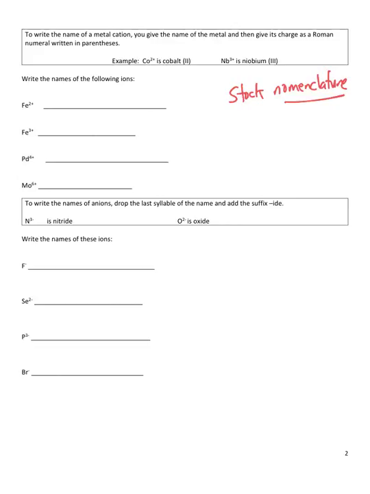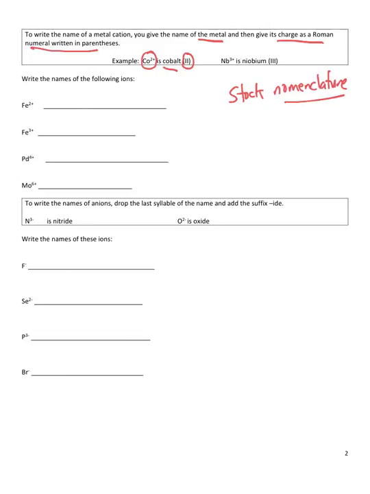So let's write the names of the following ions. Before we do that, let's talk about how we write a Stock nomenclature name for an ion. You give the name of the metal, and then give its charge as a Roman numeral in parentheses. So cobalt 2+, you write cobalt, and then since it's plus 2, you put the Roman numeral in parentheses.